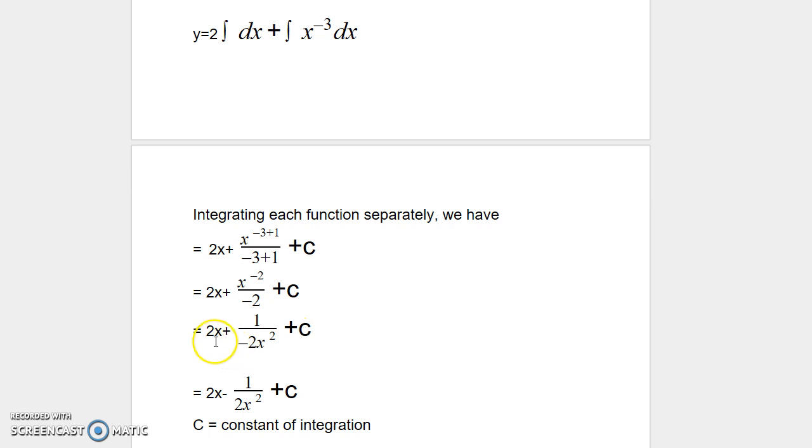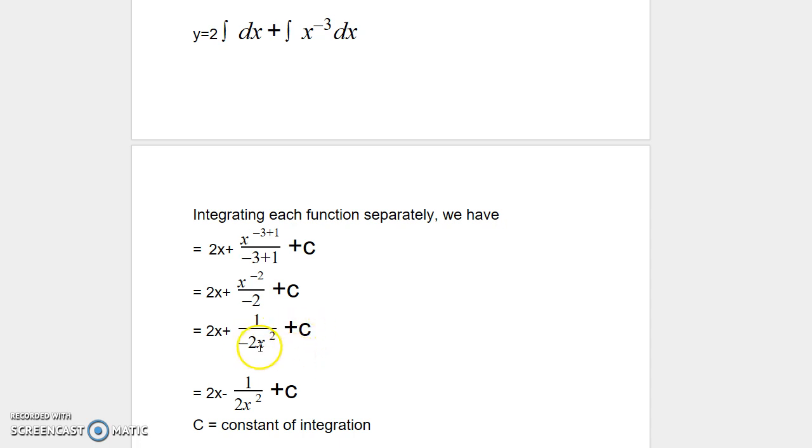When we simplify it some more, 2x plus x to the power of negative 2: when we have a negative exponent in the numerator, we can bring it to the denominator and express it as a positive exponent. So we can write that as 1 over negative 2 x to the power of positive 2, plus c.